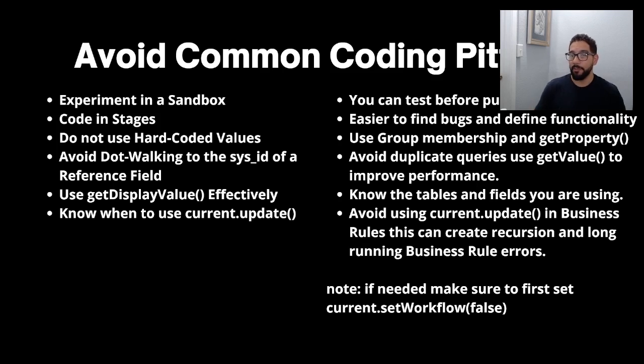Sometimes you can have a display value to be the name of something, or it could be the number of something, or it could be like an address, right? So that could be set in the dictionary, and if that changes, you want to know if you want that code to change or not, right? Maybe it displayed a sysid for the longest time, and you wanted to display the name of the person.